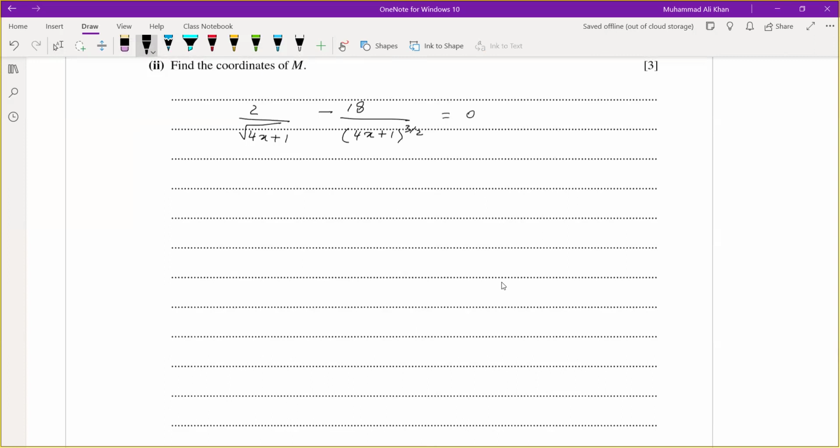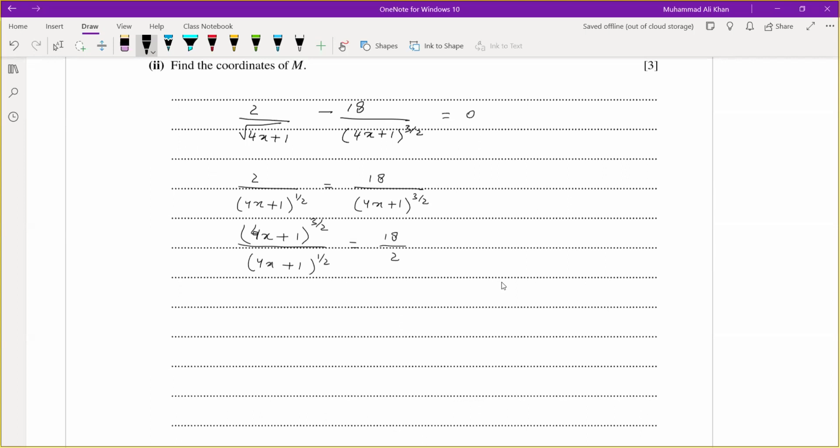सुना, अब आप देखिए, here it is 2 over 4x plus 1 power half equals to 18 over 4x plus 1 पावर 3/2. क्रॉस मल्टीप्लीकेशन: 4x plus 1 whole power 3/2 divided by 4x plus 1 whole power half equals to 18/2.